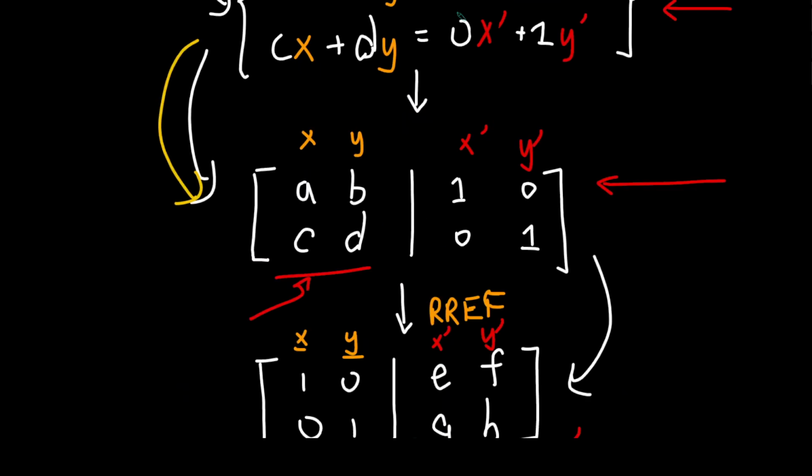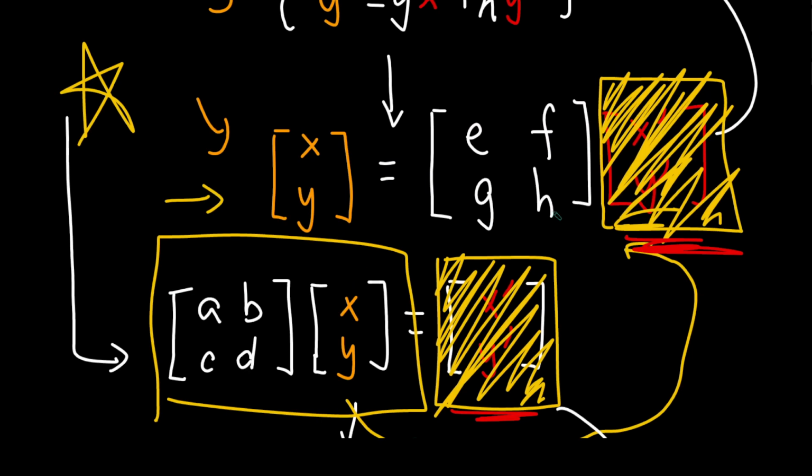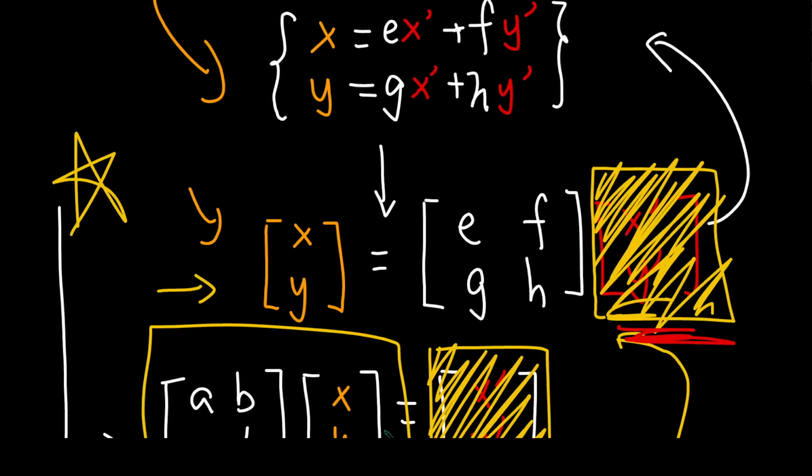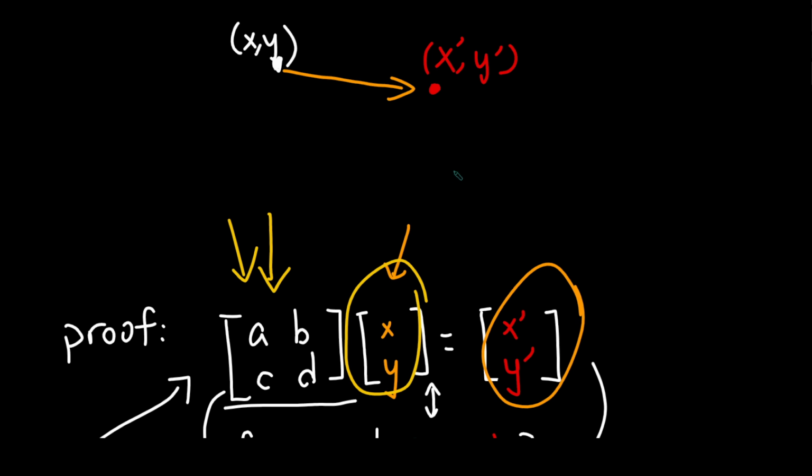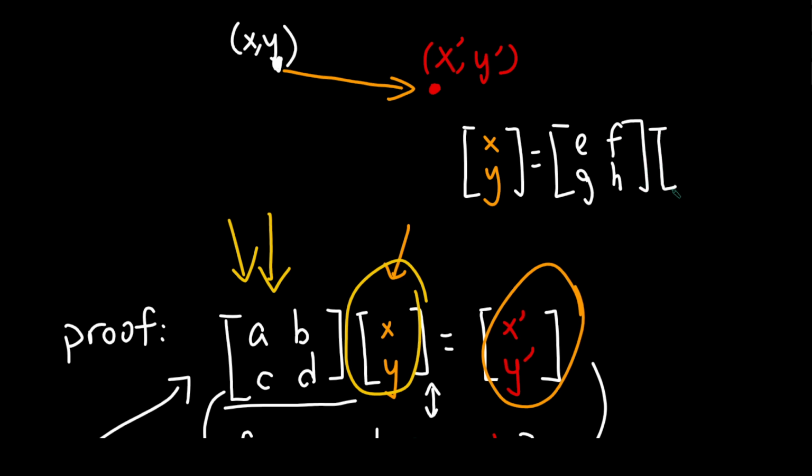So now, if we scroll all the way down, what we got here is that xy equals EFGH times x prime y prime. So I'm going to rewrite this up here. We had another expression where xy equals EFGH times x prime y prime. Well, what does this mean?